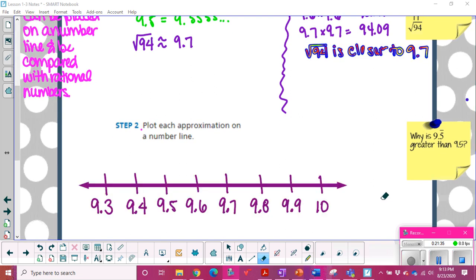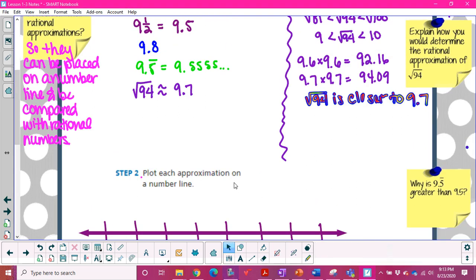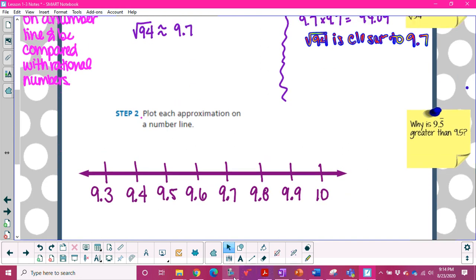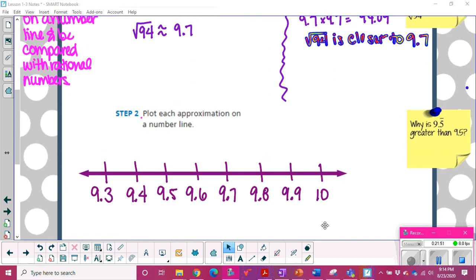Okay, so let's look at this. The first one I'm going to do is pi squared, which we had up here at 9.8596, so basically almost at 9.9. So let's go down here and write that. That's going to be right here.